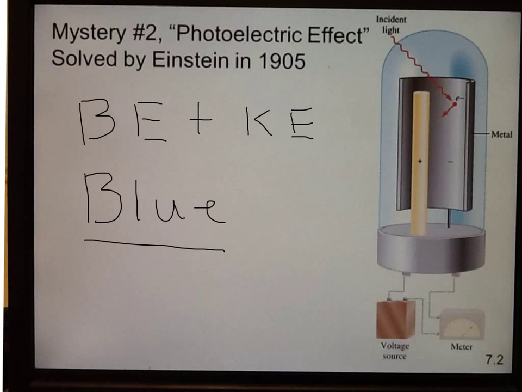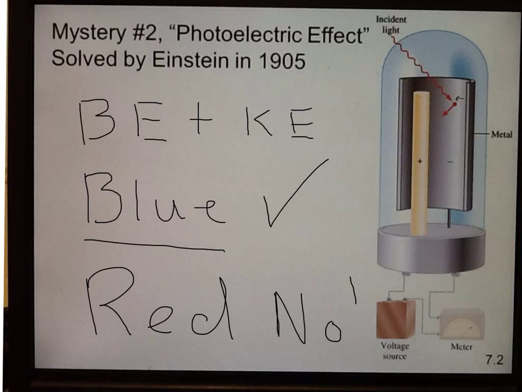You have light hitting a metal piece, causing electrons to be ejected and move from point A to point B. So blue light, or indigo light, or violet light will do that. Check. But when you use red light, or orange light, or green light, nothing. No electrons are released.